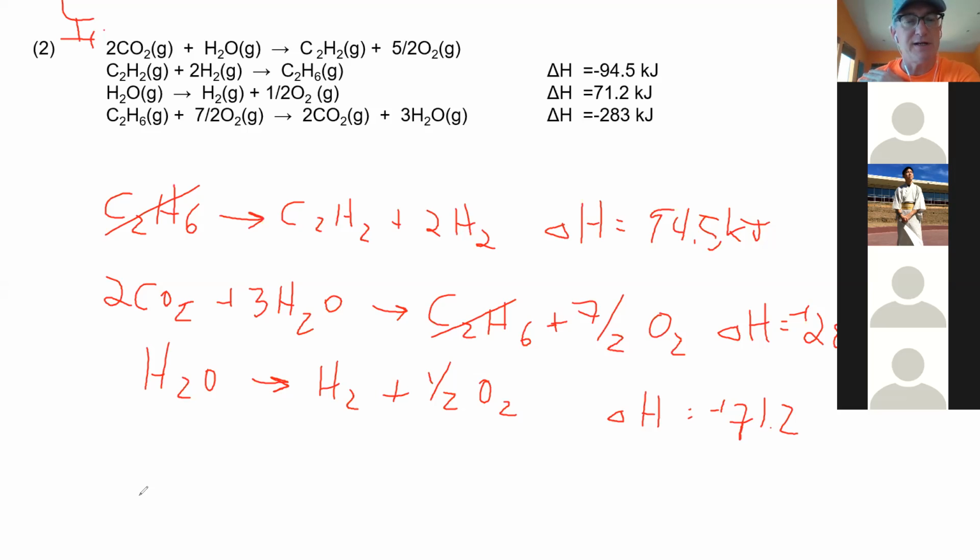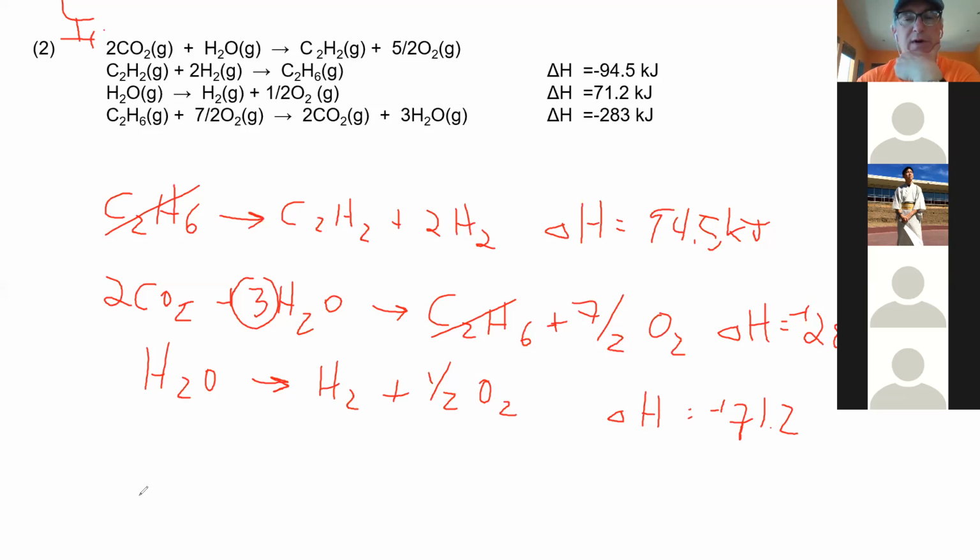Right, so I'm starting to see a problem here because we have 3 waters plus 1. We've got 4 waters as reactants, and we only want 1. So that's a problem. And we've got 3 hydrogens as products, and basically you don't want any.